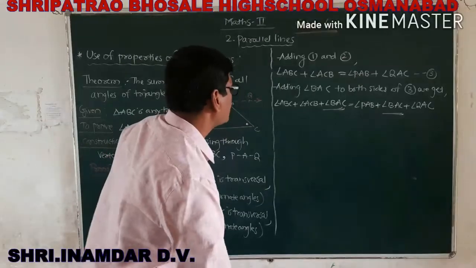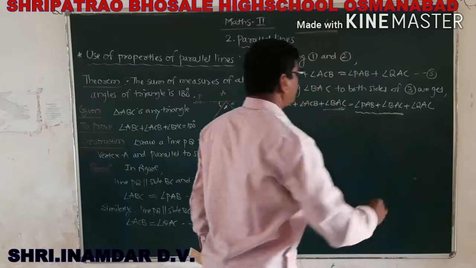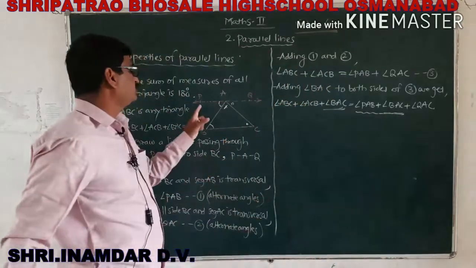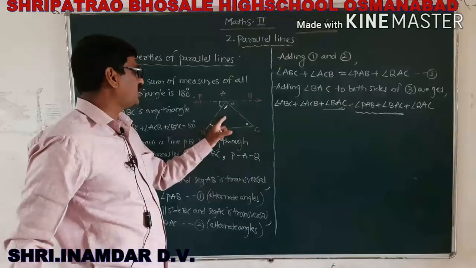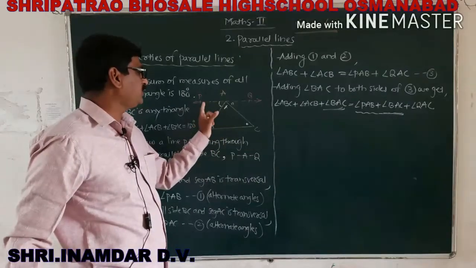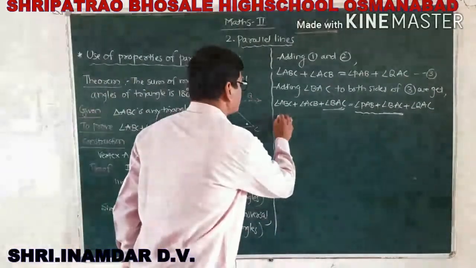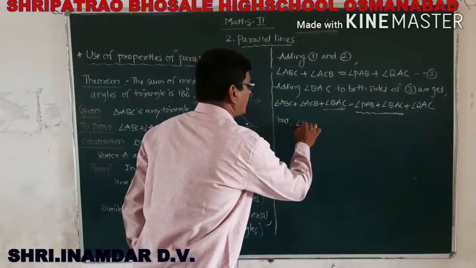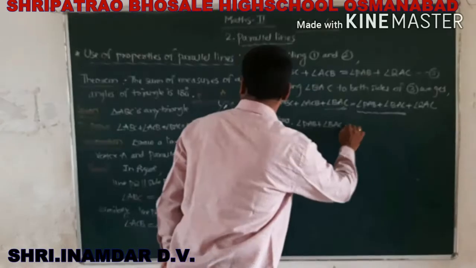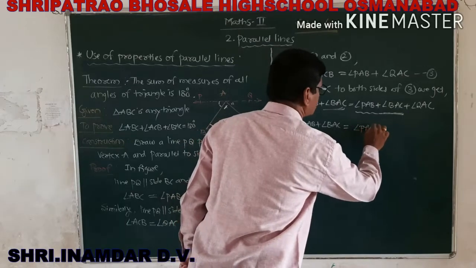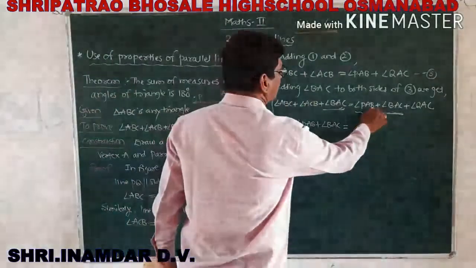Next step, if you see this part in the figure, angle PAB and angle BAC. So the sum of these two angles will be angle PAC. Okay, PAC. So right here, angle PAB plus angle BAC is equal to angle PAC. Okay, so write this here.